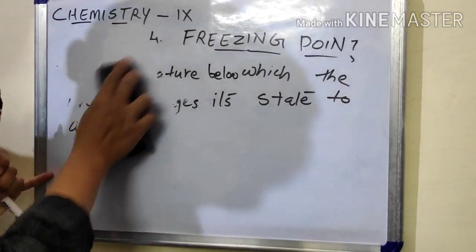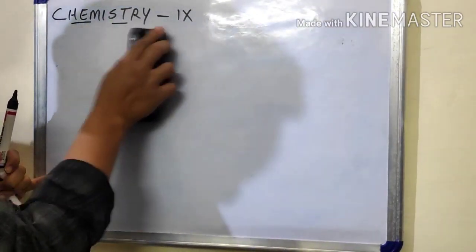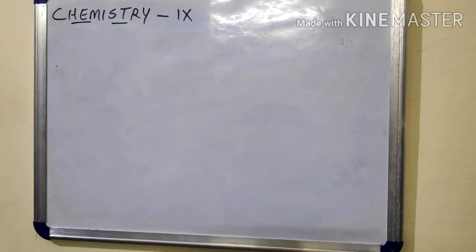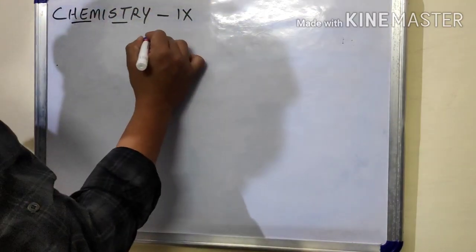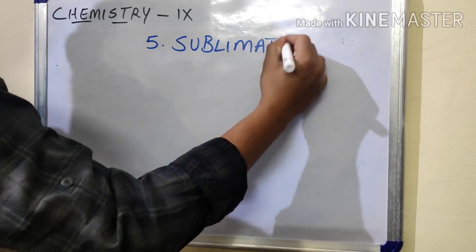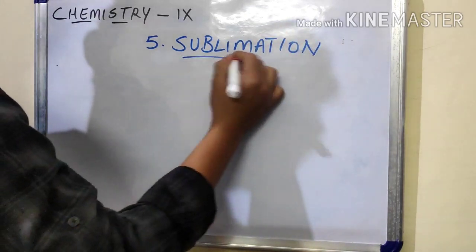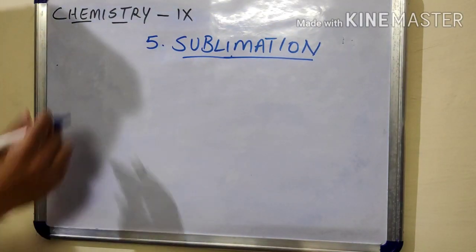So now we have observed some changes, and now we'll be moving on to the fifth type of change that you observe, and that is your sublimation. Fifth change is sublimation. Here, what did we study?